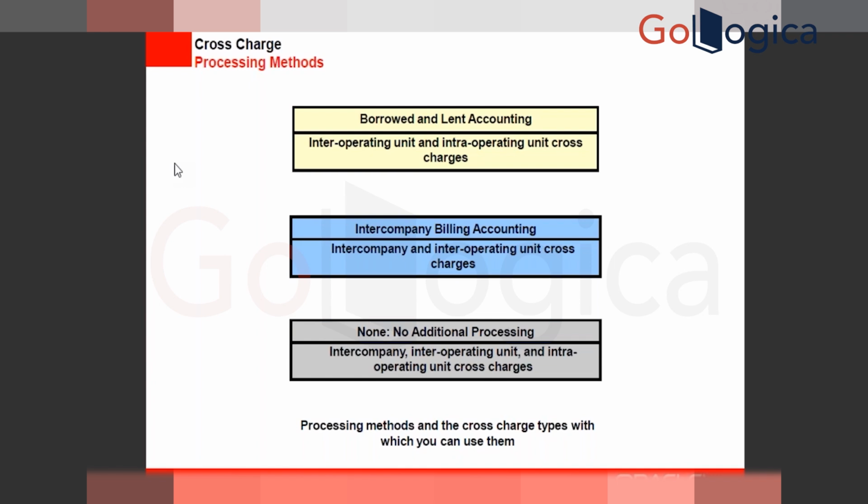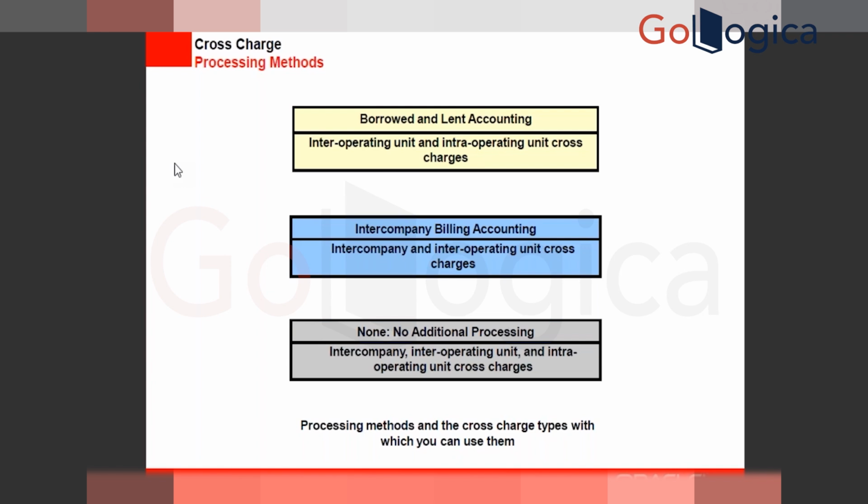Intercompany billing you can deal with for inter-operating unit and intercompany, between the legal entities and within the legal entity across the operating units. And then there is no additional processing.